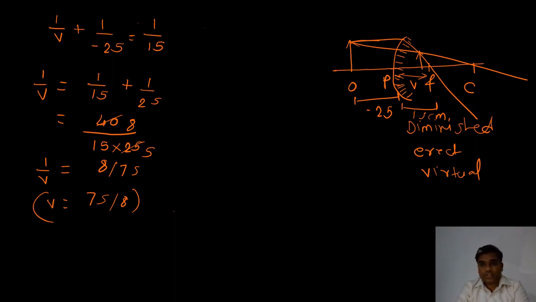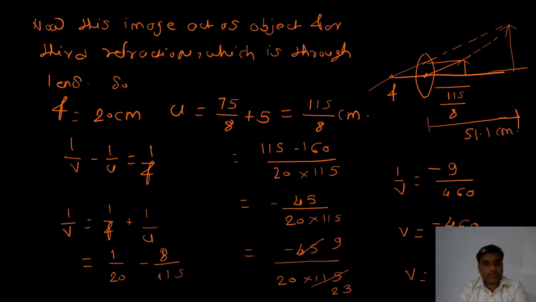Next, the third image. Now this second image acts as the object for the lens again for refraction. The f is 20 centimeter, positive because of the biconvex lens. Now u is 75 by 8, which is behind the mirror, plus the distance between the mirror and the lens, which is 5.